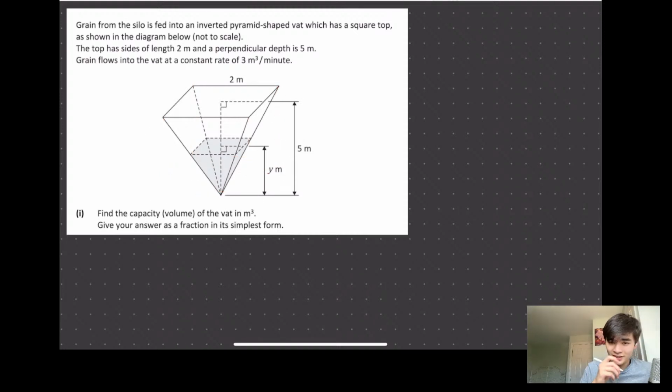A cuboid is very easy to work out the volume of. It's just base times height, and we're just going to want to take a third of that. Right, nice and easy.